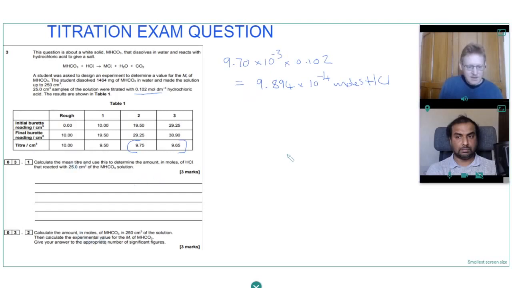And then it says calculate the amount in moles of the metal hydrogen carbonate. So if we look at our equation, then we can see we've got a 1-to-1 ratio for the moles of the hydrogen carbonate and the moles of the hydrochloric acid.